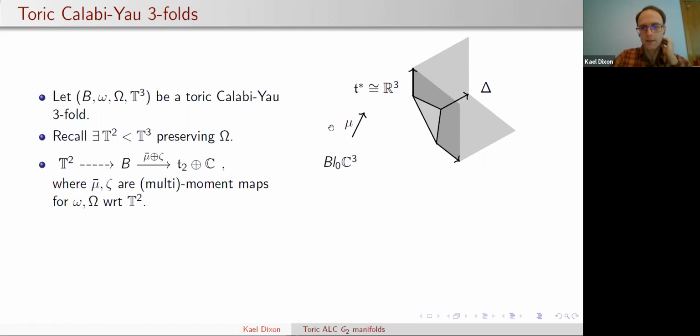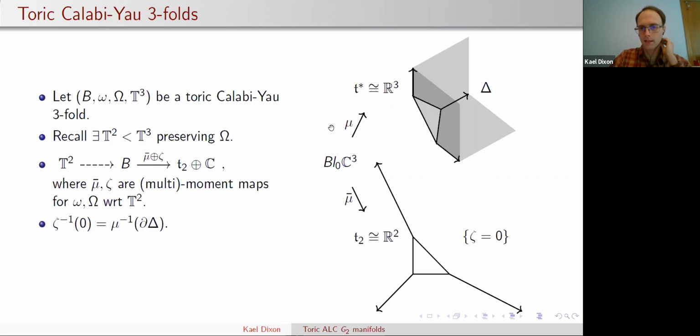So how this works in practice is that the boundary of the symplectic moment map picture is going to be the parts where zeta is equal to 0. So if you take the zeta equals 0 slice, and now it's a two-dimensional moment map, then you get a kind of flattened picture of the boundary of the polytope.